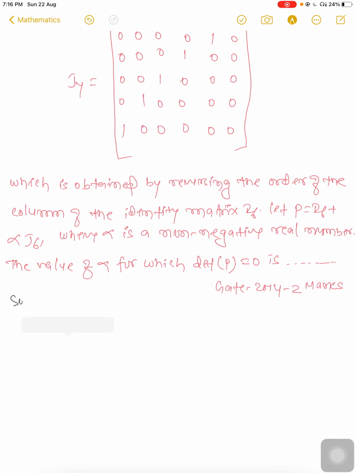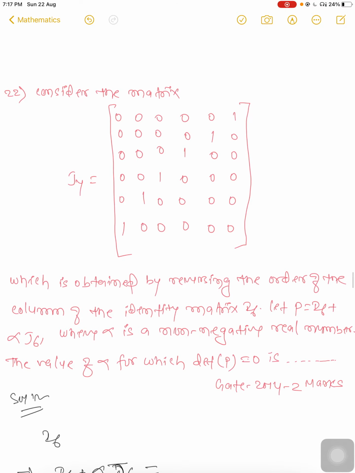I6 is the identity matrix of order 6, so I6 plus alpha J6, where J6 is given.